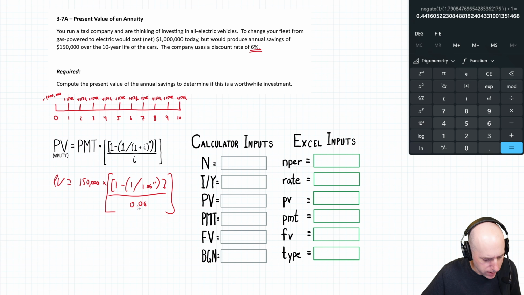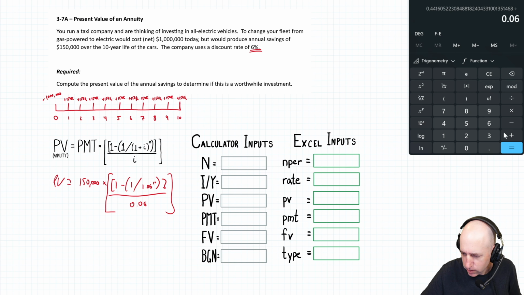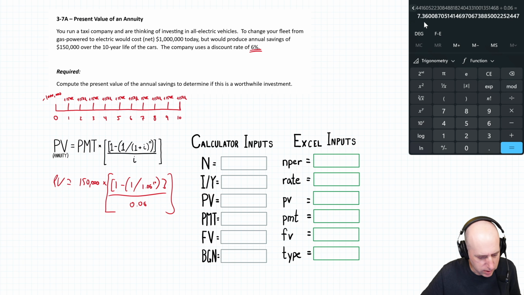Now I got to divide by 0.06. 7.36, and now I've got the brackets, right? I've gone 1 minus 1 over 1.06 to the 10. I had to worry about brackets and order of operations with the power of and all that, but we've done it properly, and the brackets are 7.36.